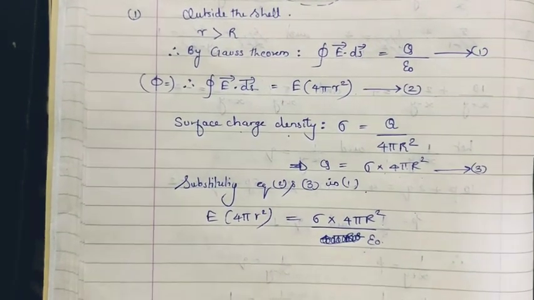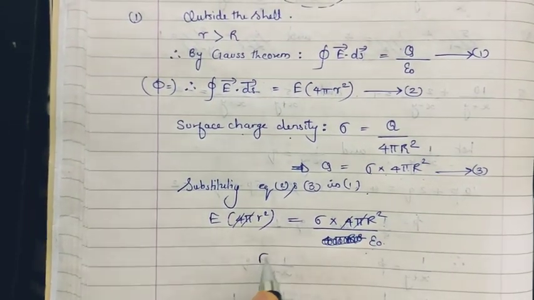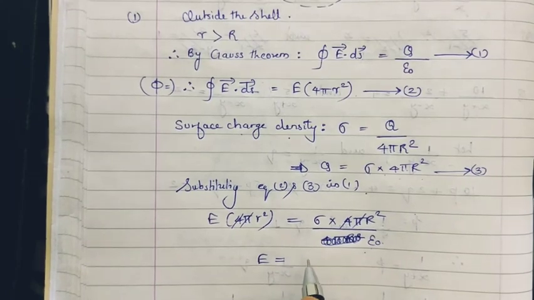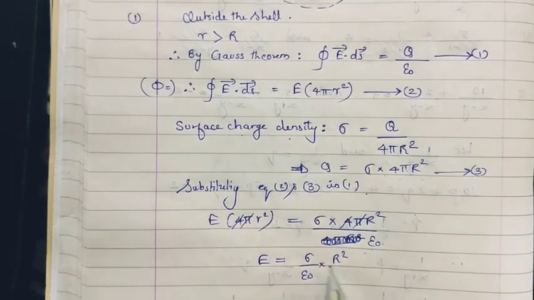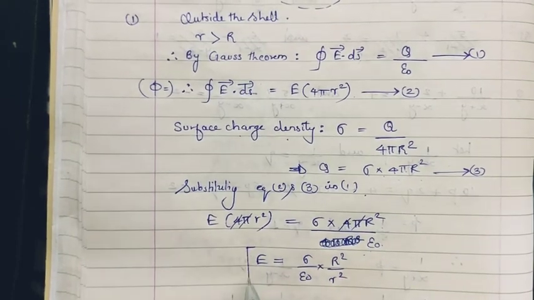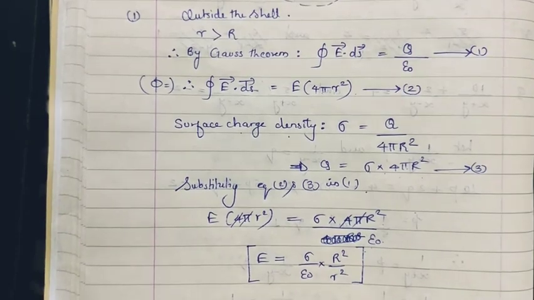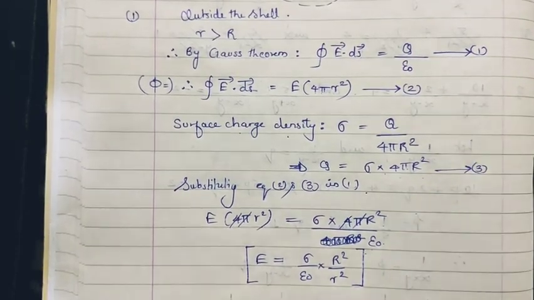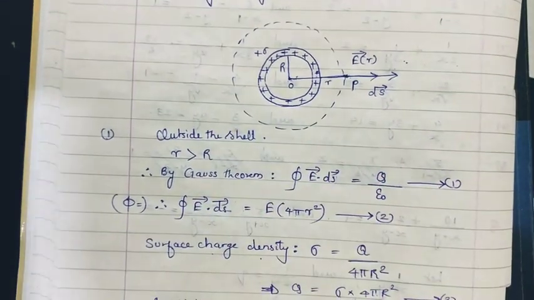So what is going to happen over here? 4 pi will get cancelled. So E will be equal to sigma upon epsilon naught times capital R square upon small r square. So this is going to be your expression for the electric field at a point outside the spherical shell, like this.